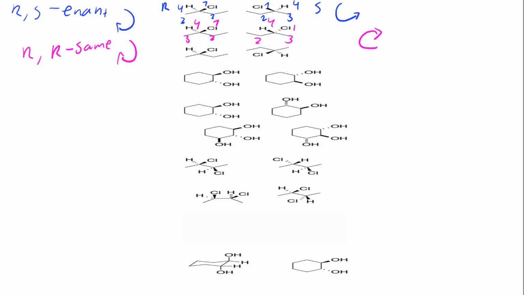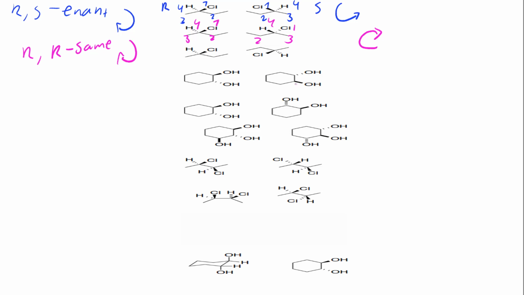For this one, do we have a meso compound? Well, no, we don't have a meso compound because we don't have two wedges. We have a wedge and a dash, okay? So let's see. We have a wedge, and that became a dash. We have a dash, and that became a wedge. And so we do have a mirror, right? And, you know, I skipped this guy.